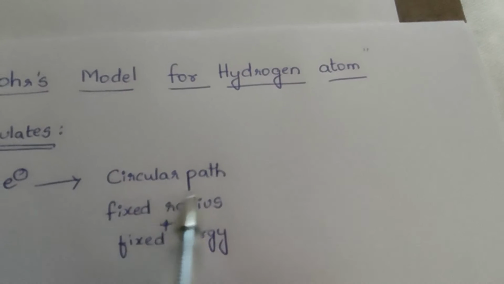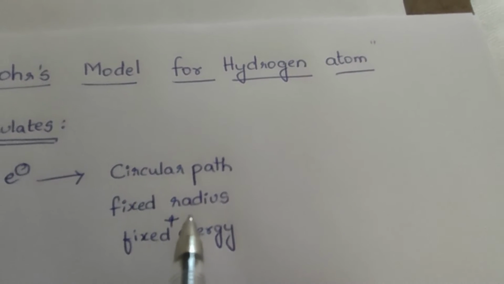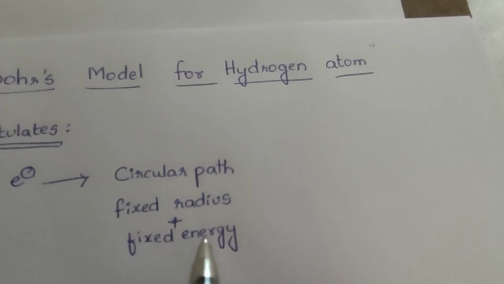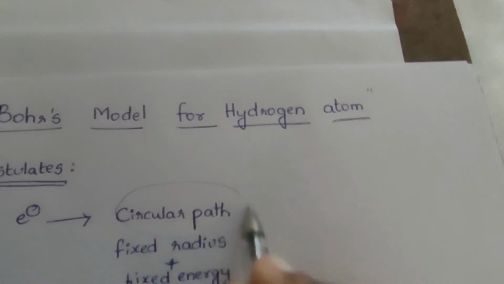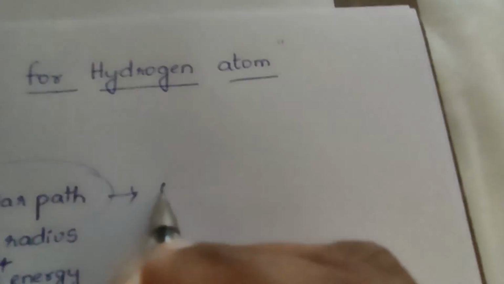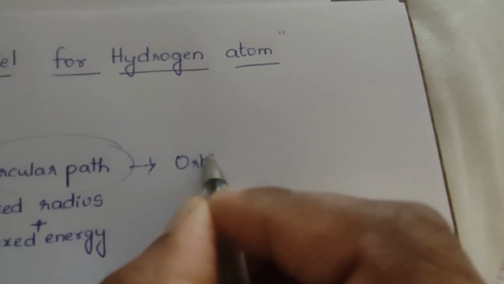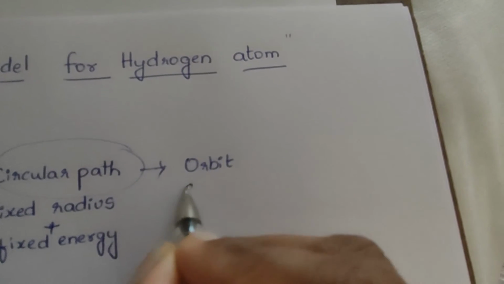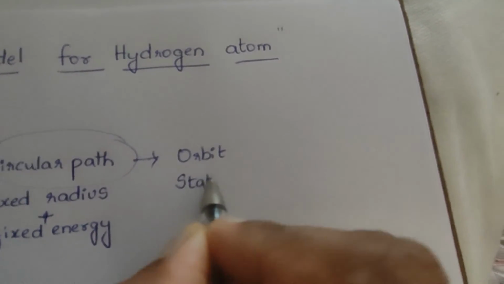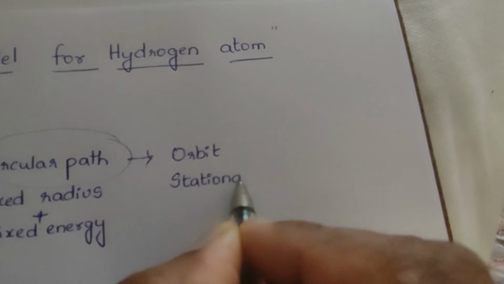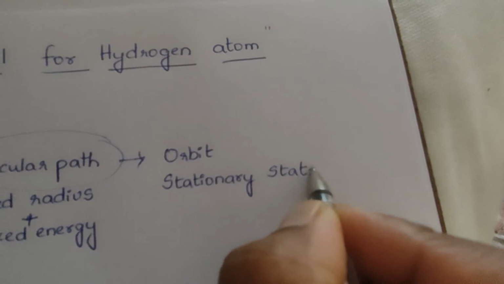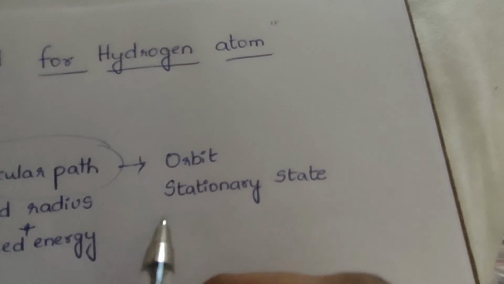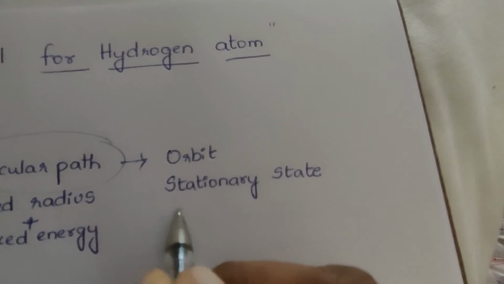So the circular path which has a fixed radius and fixed energy is, according to Bohr, known as an orbit, or it is also known as a stationary state, or an allowed energy state.